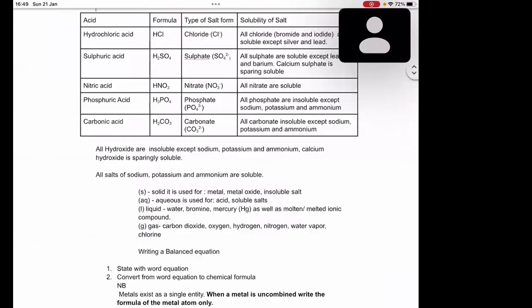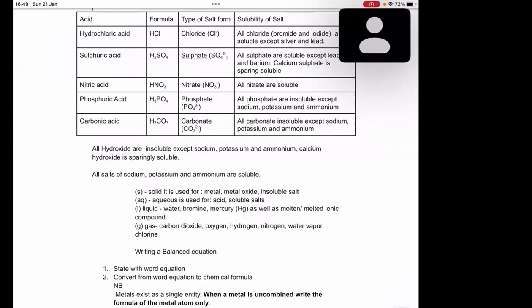Yes, miss. So the next state symbol we have is AQ, and AQ is for aqueous. This means this substance is soluble in water. So any substance soluble in water, we use the symbol AQ. So when do we use this? We use it for all acids.